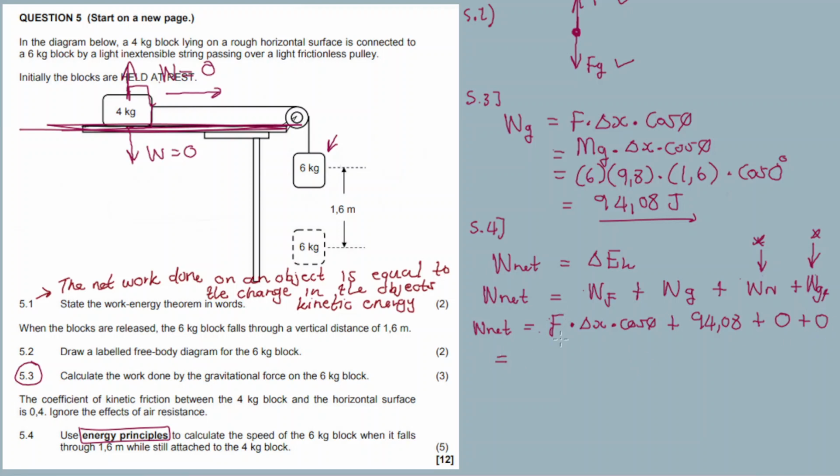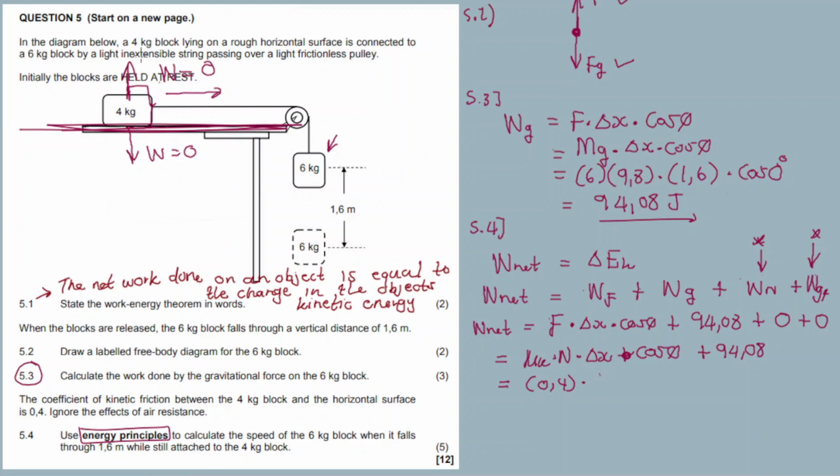So therefore, how is the frictional force calculated? Yes, it's mu k times the normal force times cos theta, plus 94,08. It equals mu k, the coefficient of kinetic friction, which is 0,4, times the normal force.